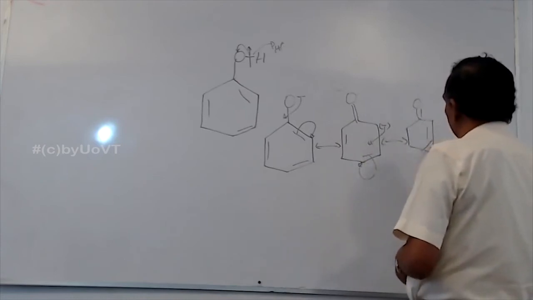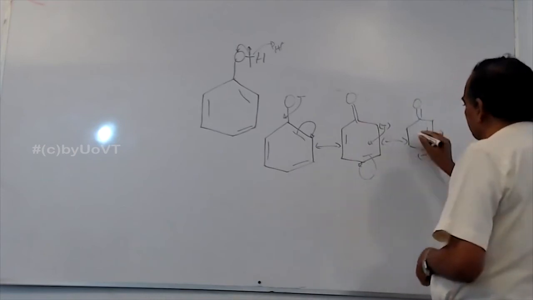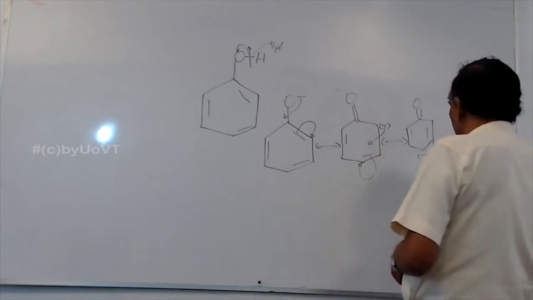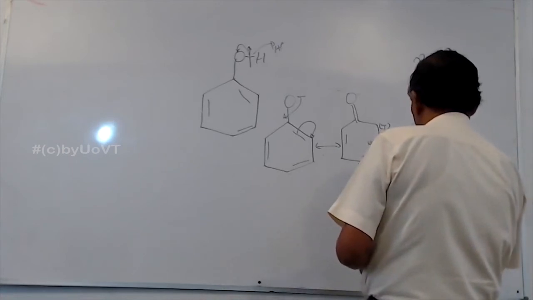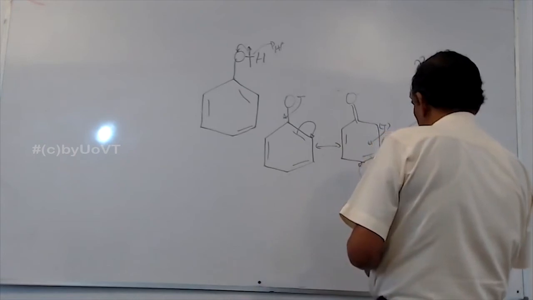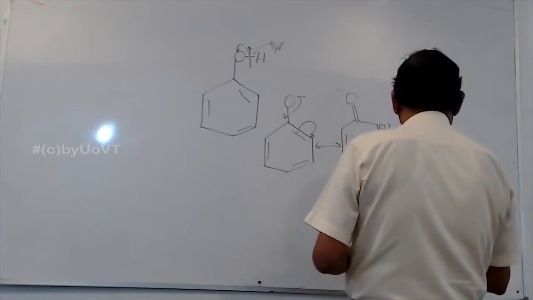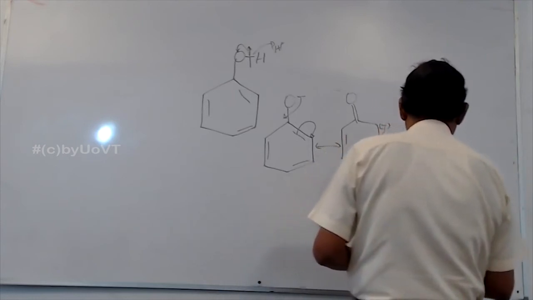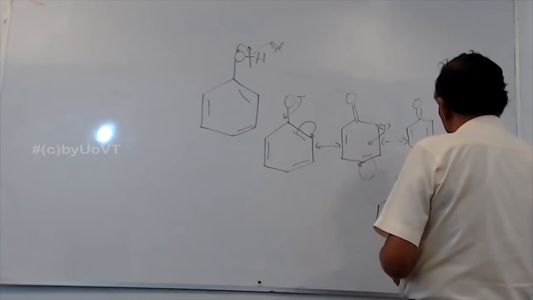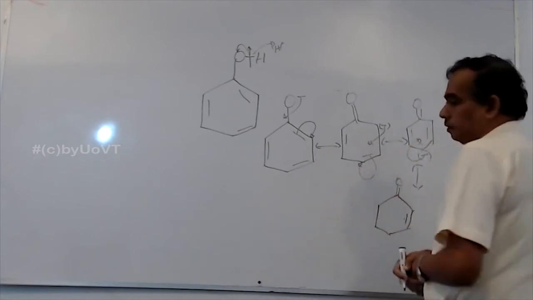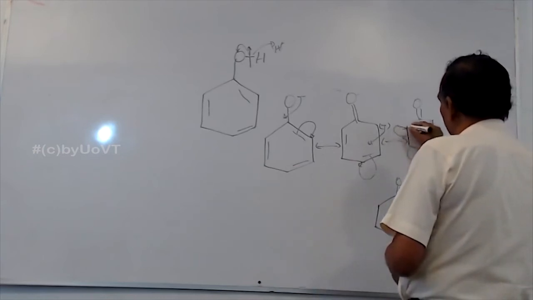But now this point is negative. Next structure: this position is the same, but here the electron moves to this position and this bond breaks.